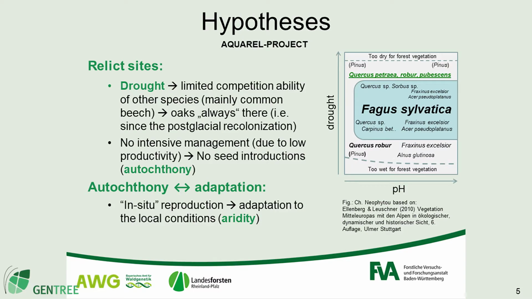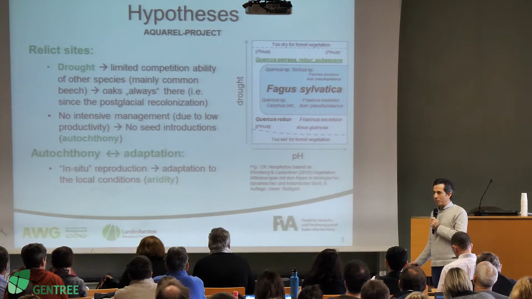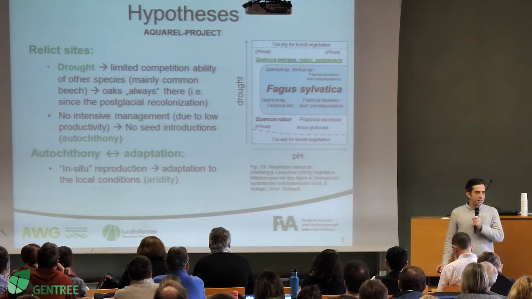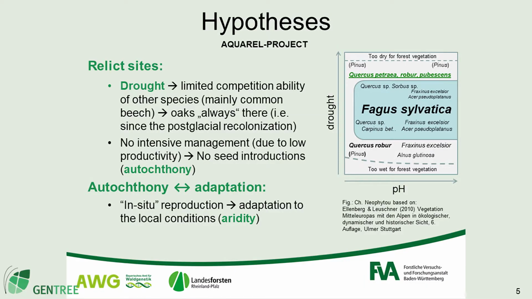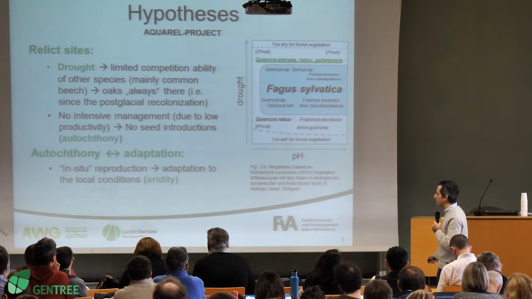So here we have a diagram which is maybe known to many people who learned forest ecology from German sources. It shows the species that become dominant in Central Europe under specific conditions. The most common climax species is Fagus sylvatica, common beech, which will ultimately replace other species if there is natural succession under normal pH and drought conditions.